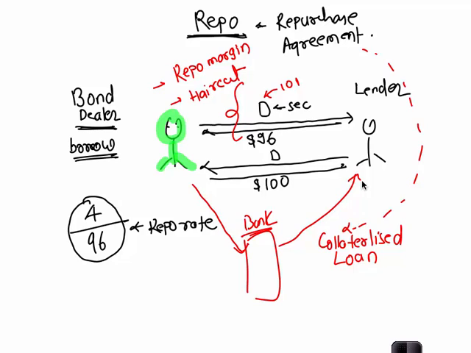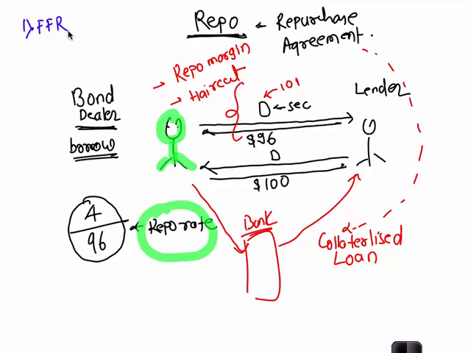Now, it is not in this reading, but there is some discussion on repo rate is a function of what. Will the repo rate be higher or lower? It is dependent on what. So repo rate is a function of, number one, what is the FFR?